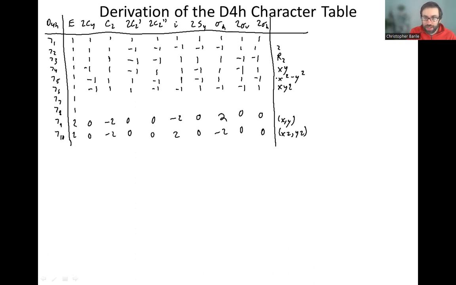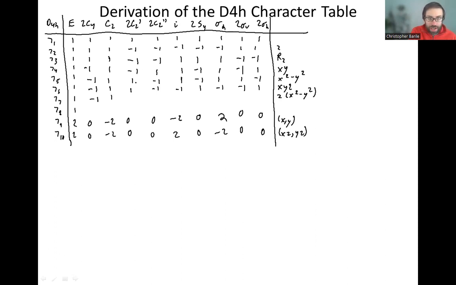That's gamma 2 times gamma 5, which gives us another cubic function, which is z times x squared minus y squared. Or you can factor that out and call it zx squared minus zy squared. Either way is fine. And so again, we go 1 times 1 is 1. We already have that. 1 times negative 1 is negative 1. 1 times 1 is 1.